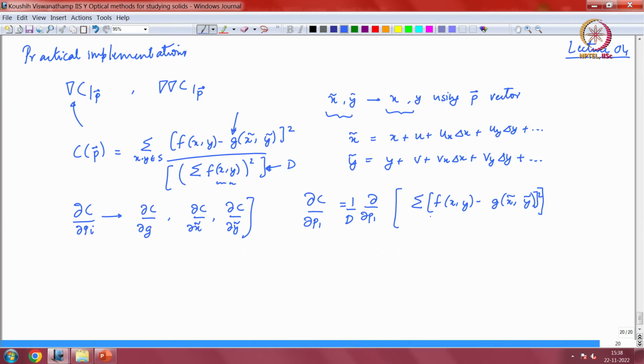So, if you want to do this, then you use the chain rule, of course, this goes in, so this will be 1 by D, derivative of this again you need to take it with respect to g, and so if you do derivative of this guy you will get 2 times just that sigma f of x y minus g of x tilde y tilde, and because it is the chain rule you do dou g by dou pi or dou p1.